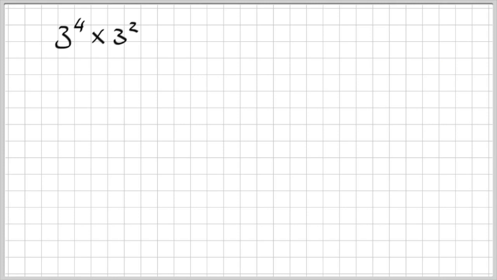So let's start by writing out the 3 to the 4. The definition says it's 3 times 3 times 3 times 3. Then there's, of course, a multiply. What about the 3 to the 2? Now I'm going to say 3 times 3.